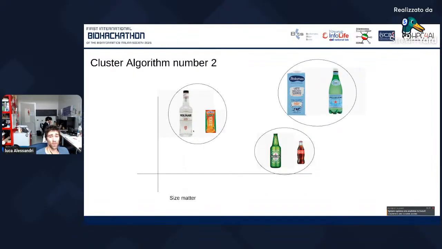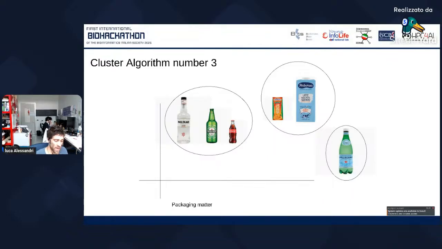If I want to drink a lot because I'm thirsty, in this case I will divide them by size, and then I will probably decide to drink either milk or water. If instead I'm really into environmentally friendly things, then I would divide them according to the packaging, and then maybe I will choose the orange juice or the milk, or actually the glass. But you get the idea.